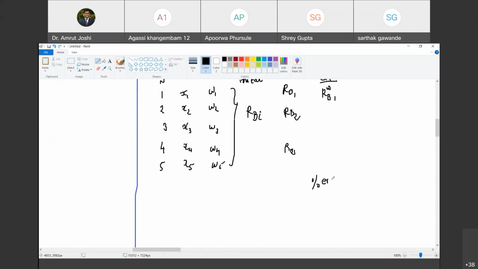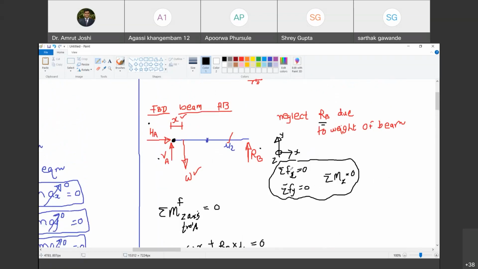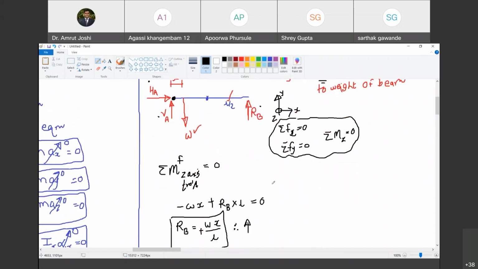Percentage error is equal to RB experimental minus RB analytical divided by RB analytical, modulus of that, I am not interested in sign, multiplied by 100. Are you with me? Yes, sir. As long as this percentage is within 5% or 10% at the most, as engineers, we are satisfied with the theory. Are you with me? Yes, sir. So this is the first part.